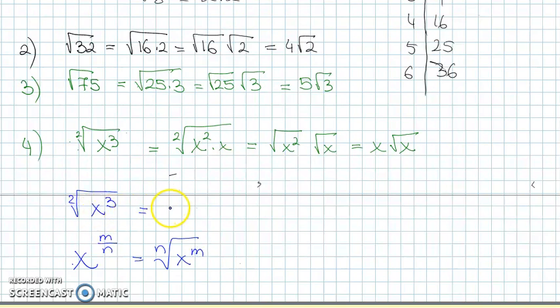You can rewrite this as x to the 3 over 2, which is equal to x to the 1 and 1/2, or x to the 1 and x to the 1/2. So this is equal to x square root of x.